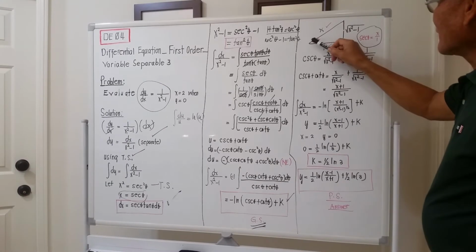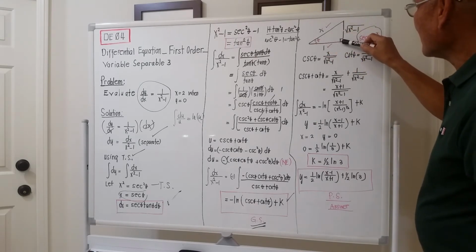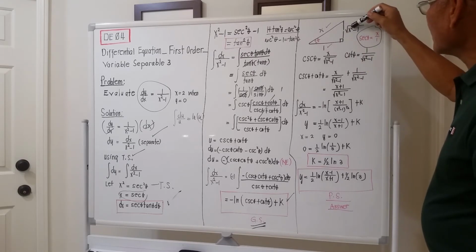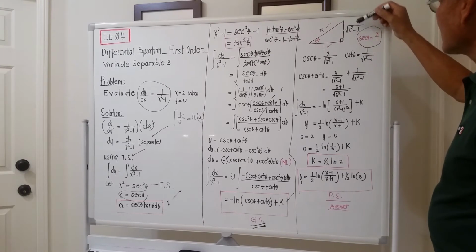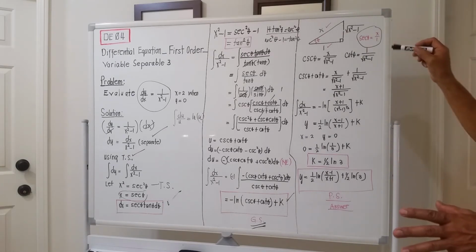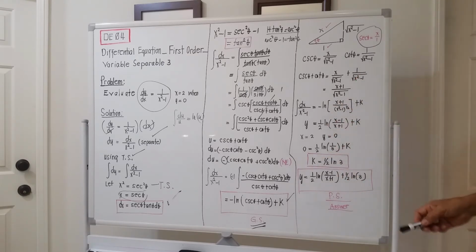So meaning we are given a right triangle in which the hypotenuse is x and the adjacent side is 1. So the opposite side will be the square of the hypotenuse minus the square of the adjacent side, and take the square root. So in here, it is where we will get the relation of cosecant and cotangent in terms of x.